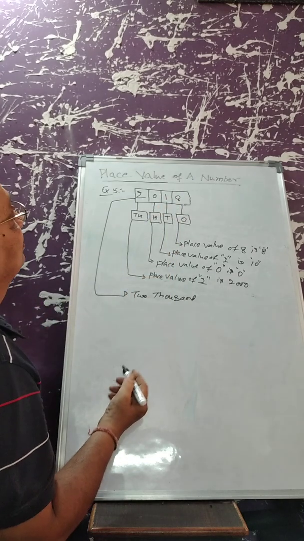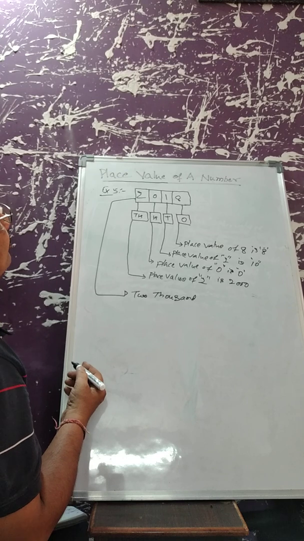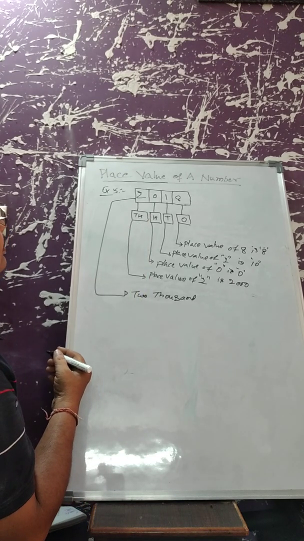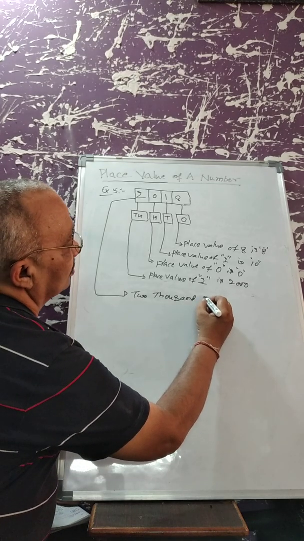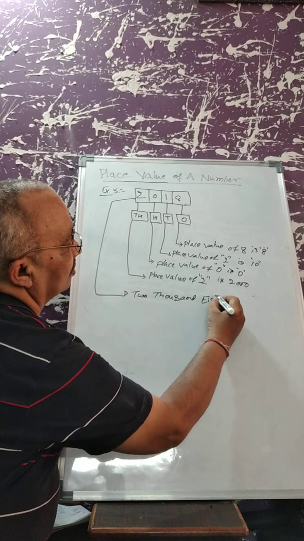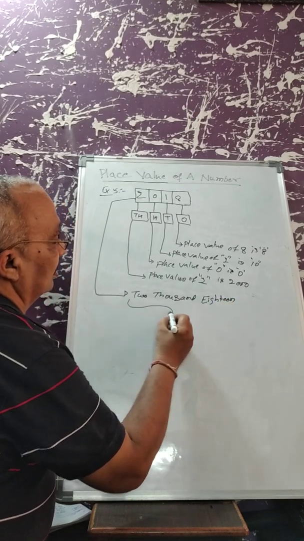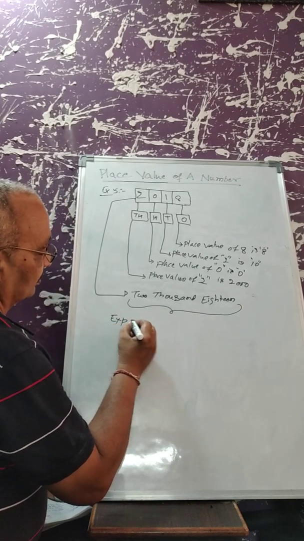After that, at the place of tens it is 1, making 10, and combining with 8 it becomes 18. So it is 2,018, and that is what the expanded form is.